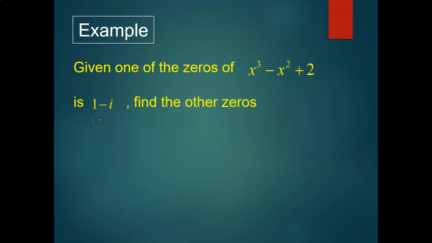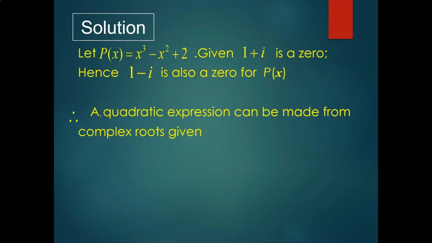So meaning that 1 plus I will be your zero as well. So let px is this one, given 1 plus I is a zero, hence 1 minus I is also a zero. Okay. So a quadratic expression can be met from complex roots given.